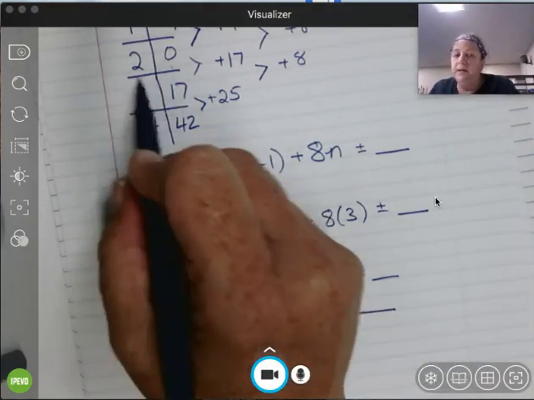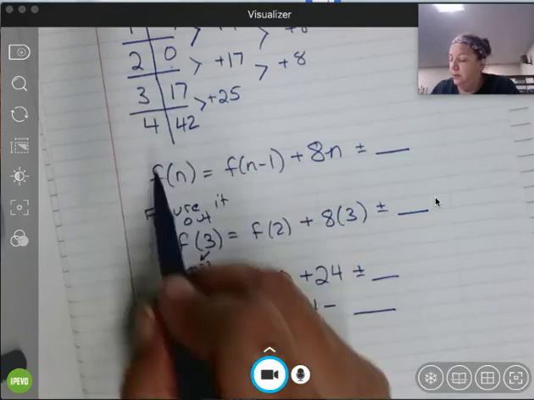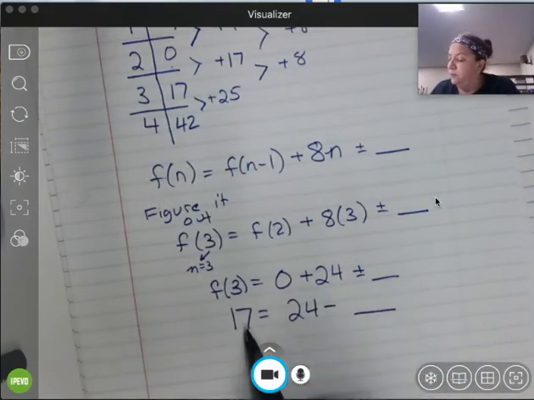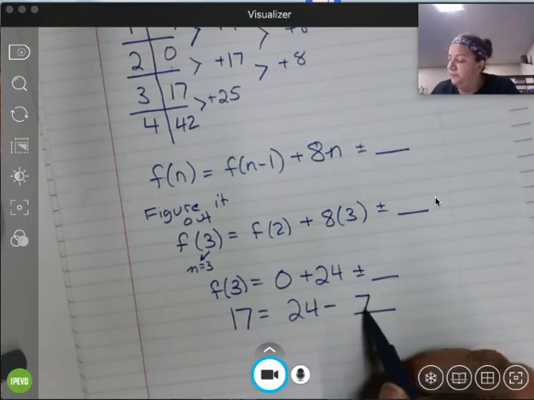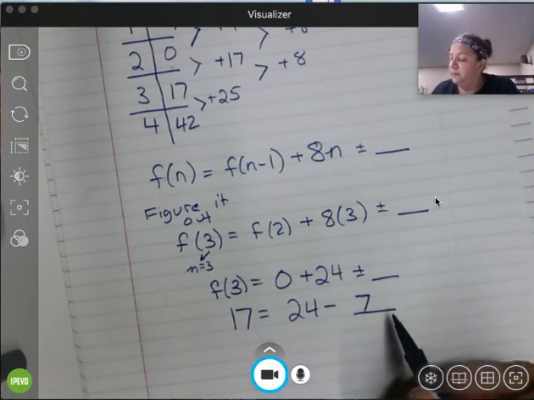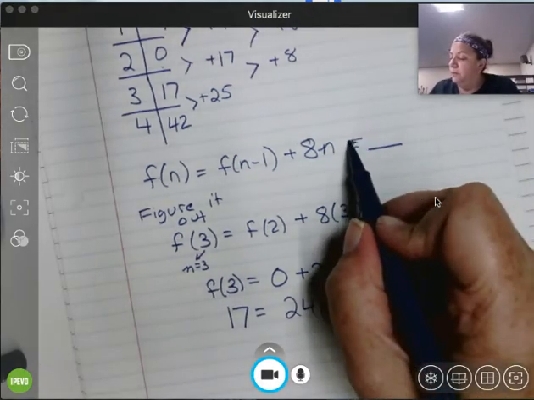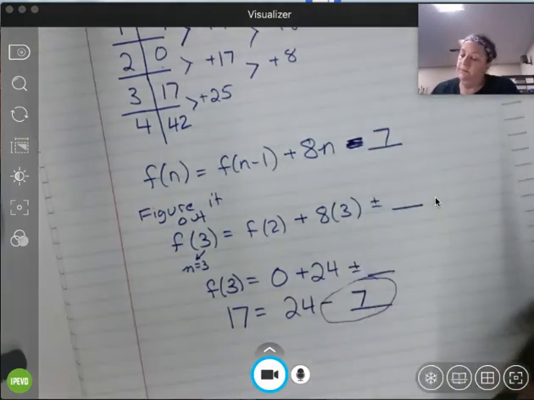So I'm taking information I already know, and I'm using it to find the missing piece. 24 minus 17 is going to be 7, right? 24 minus 7 is 17. So what I just found here was I found the mystery number. And my mystery number now becomes minus 7.